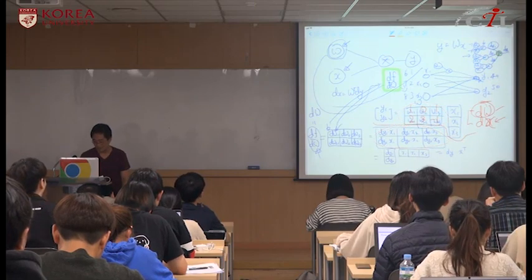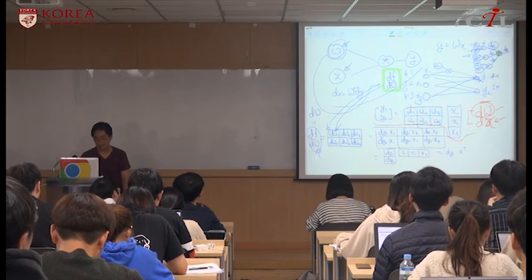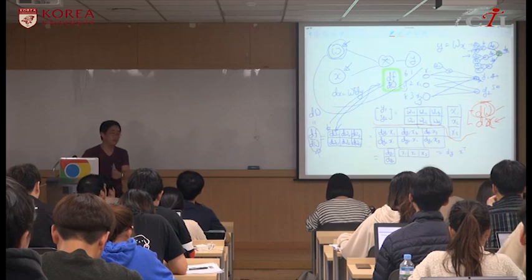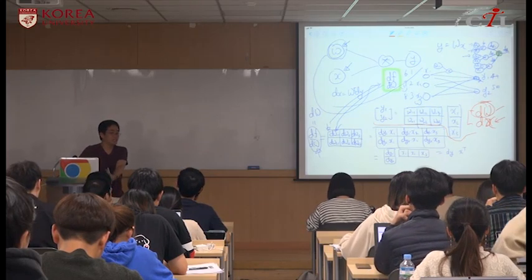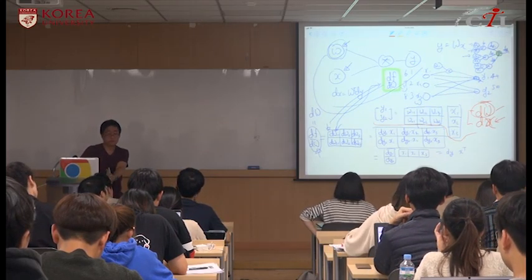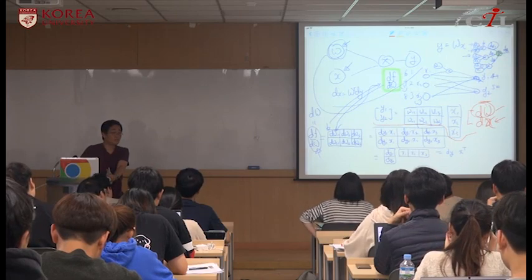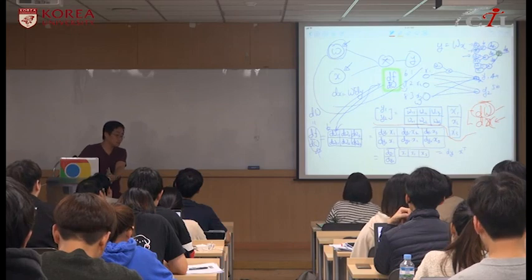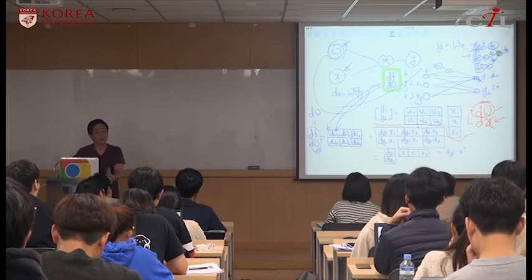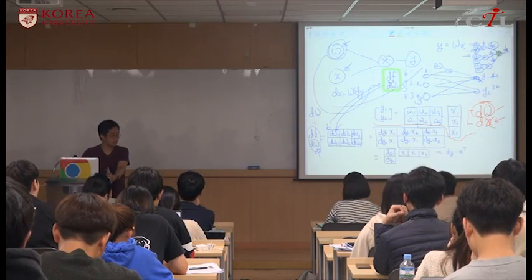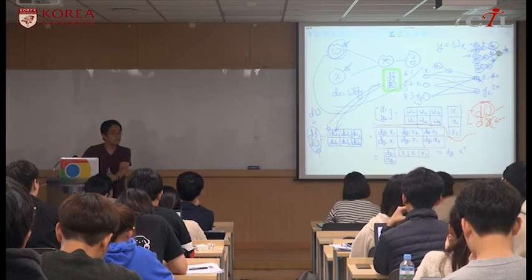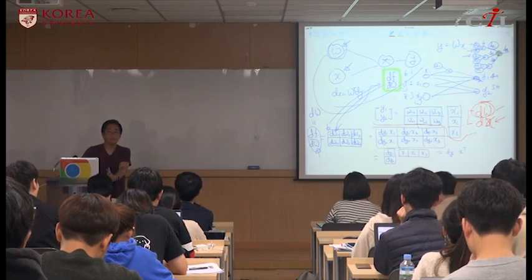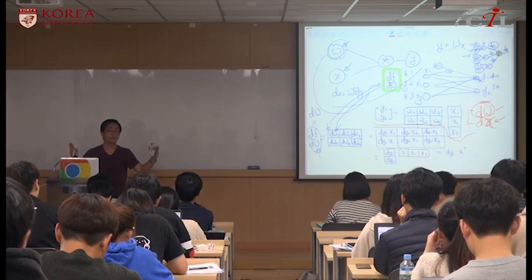But what about dX? Do we need to compute dX at all? If it was our initial input node, we wouldn't need to compute the gradient with respect to x. But in general, this fully connected layer can be placed in the middle of our entire network, right?